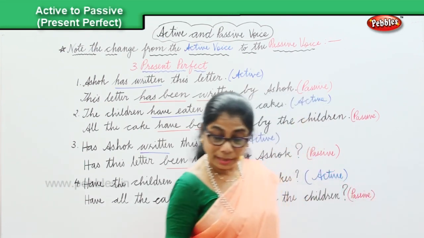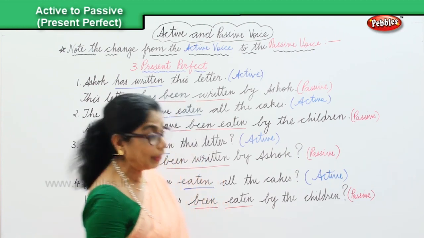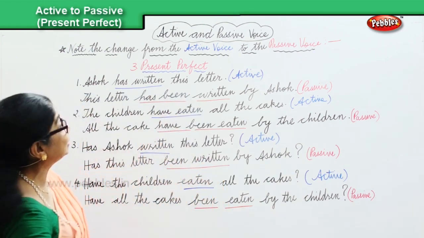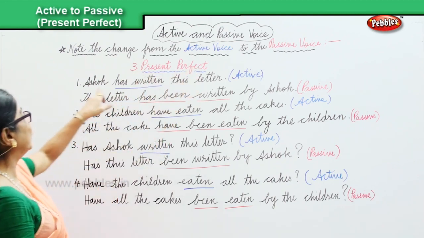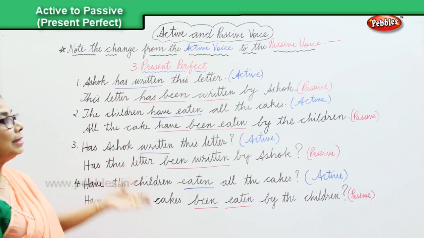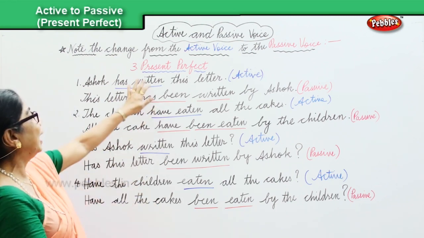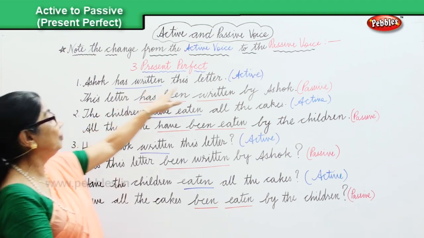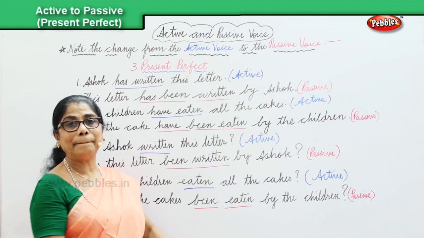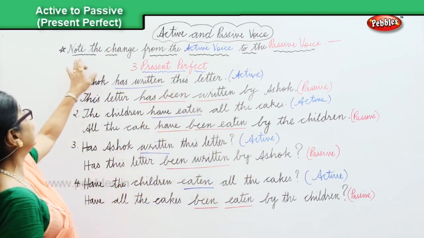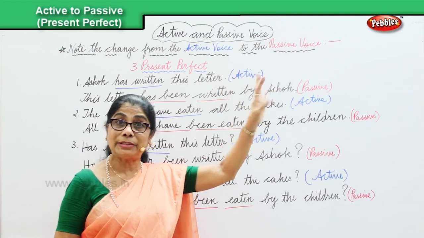Now, what have we done now? We are looking at the changeover from the active into the passive in present perfect. Now, Ashok has written this letter, active and present perfect. This letter has been written by Ashok, passive. Note the change, the active voice into the passive voice.